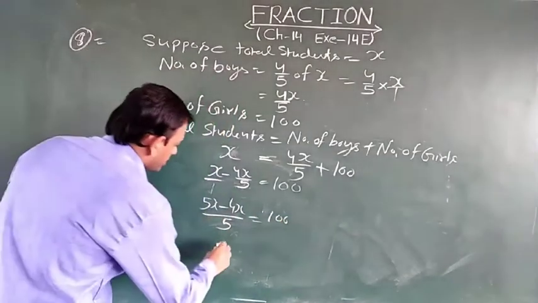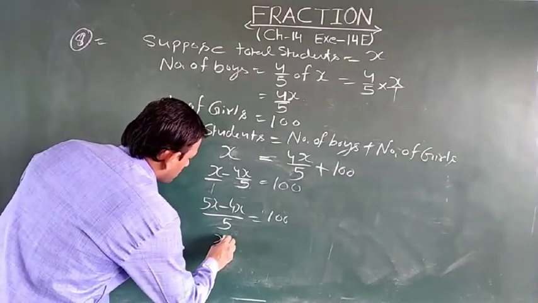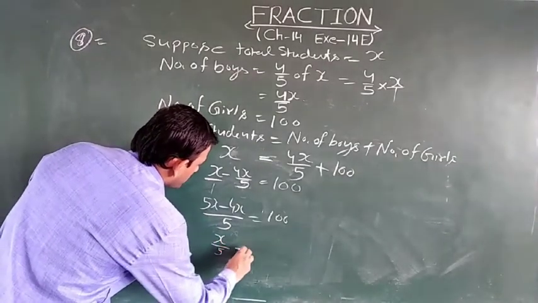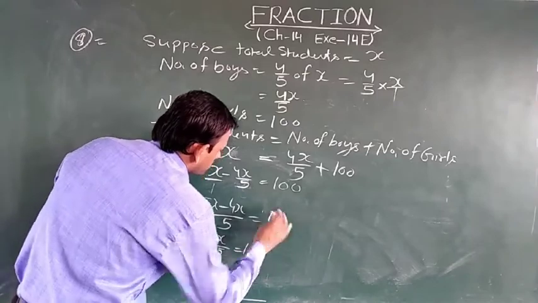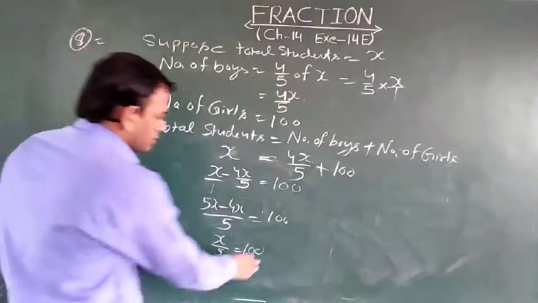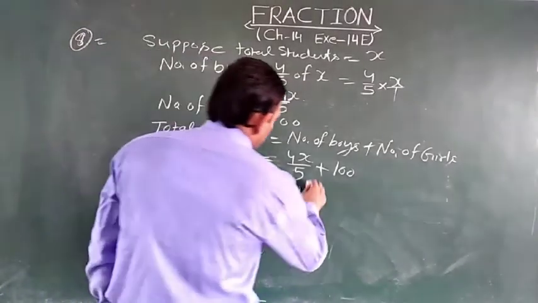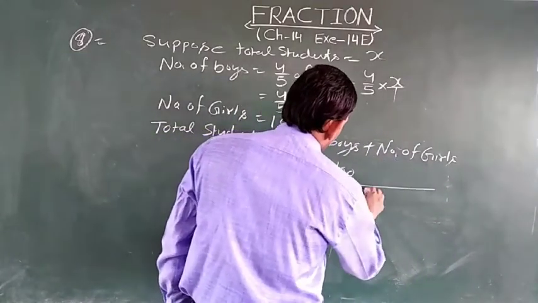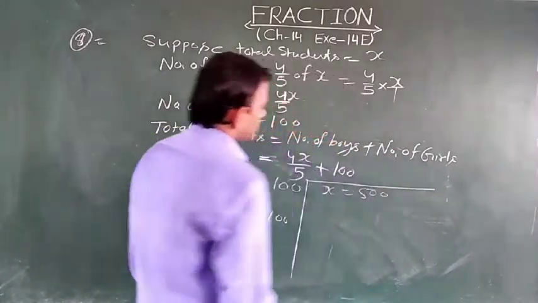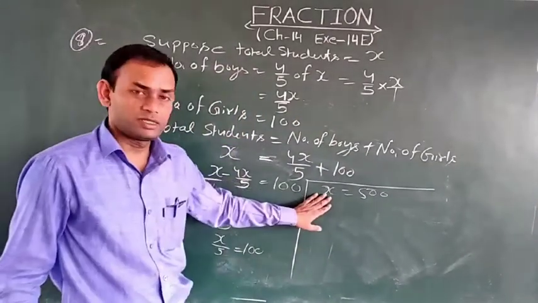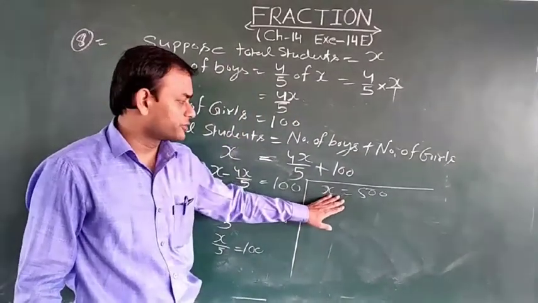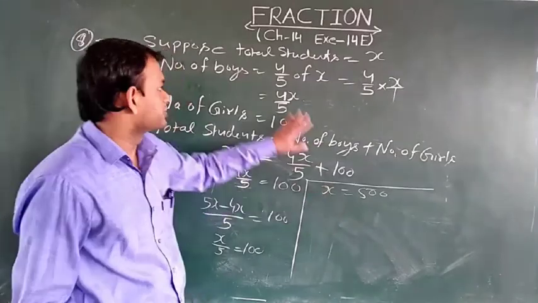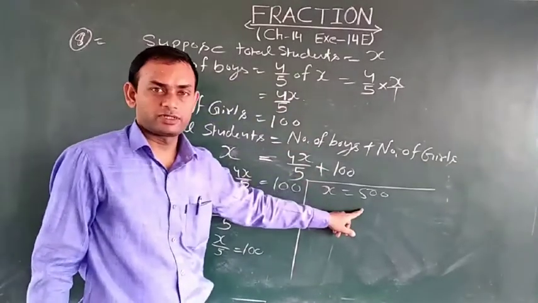Now we will just subtract it, so you will get the x upon 5 is equal to 100. Okay, so then x is equal to 500. This is the total strength of students, means total students x is equal to 500, and we have to find the number of boys.